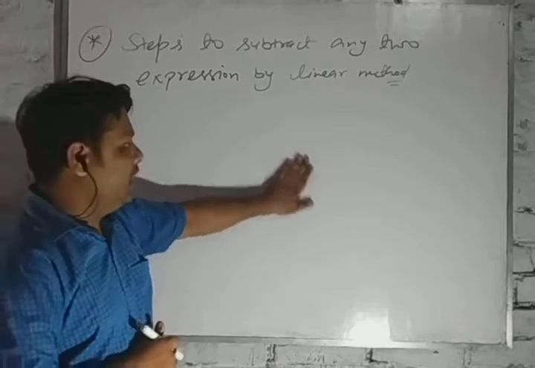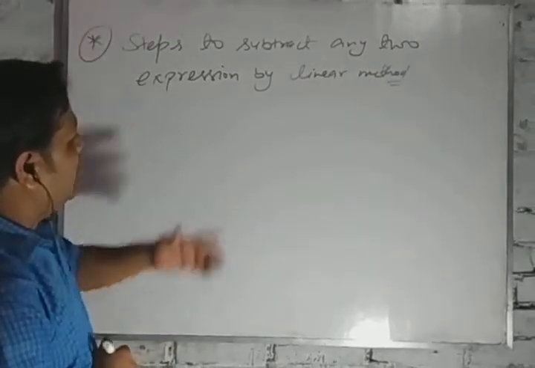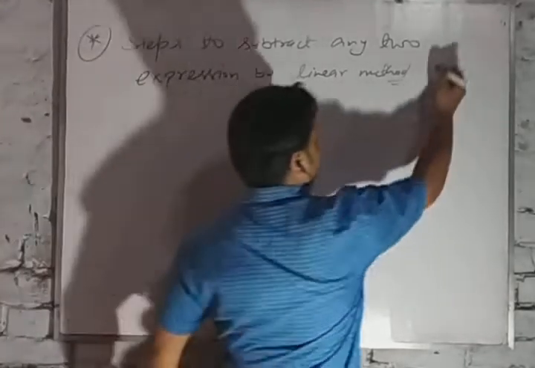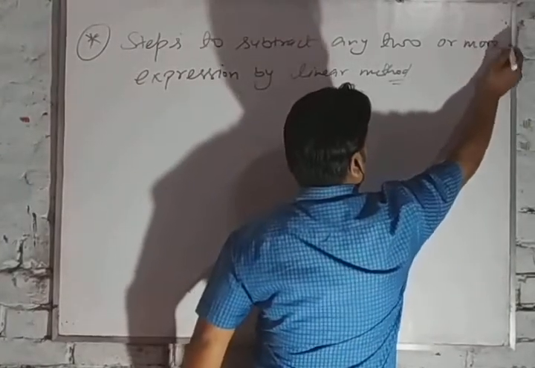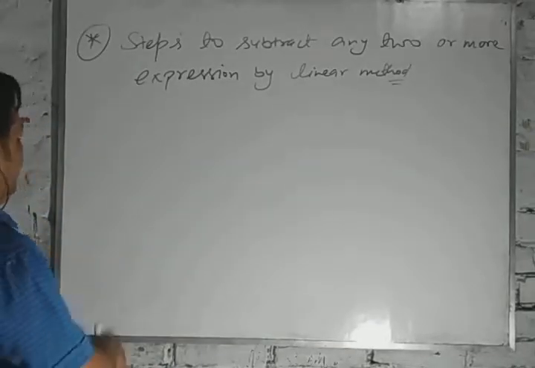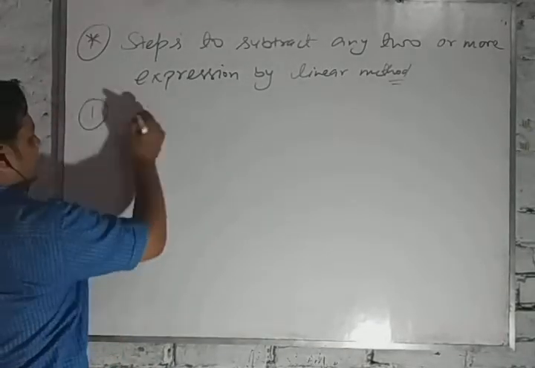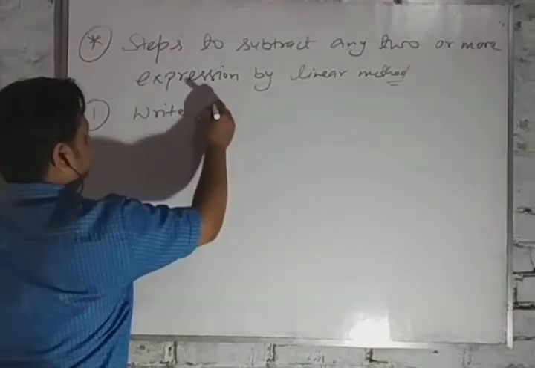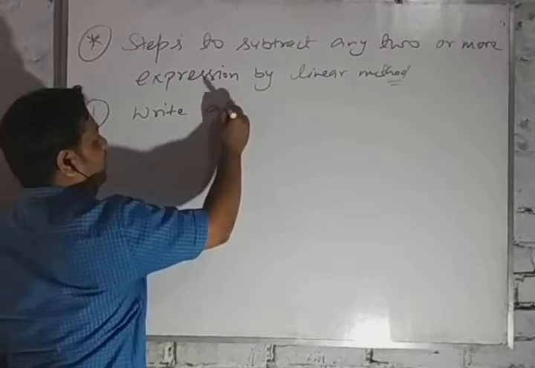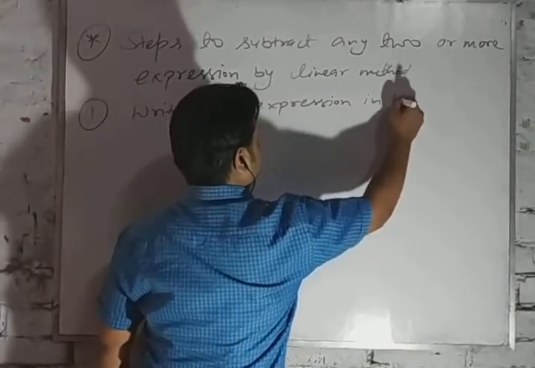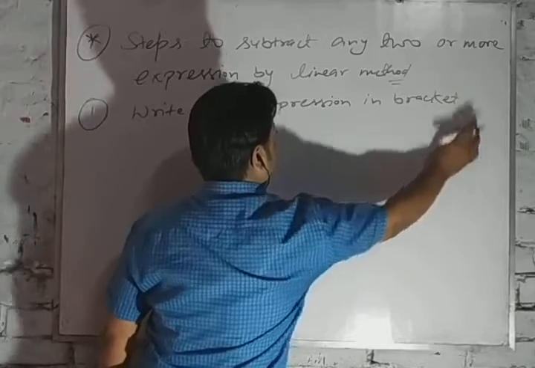We will see also. At first, let's see the steps to subtract any two or more expressions by the linear method. Okay? At first, the first step: write all expressions in brackets.